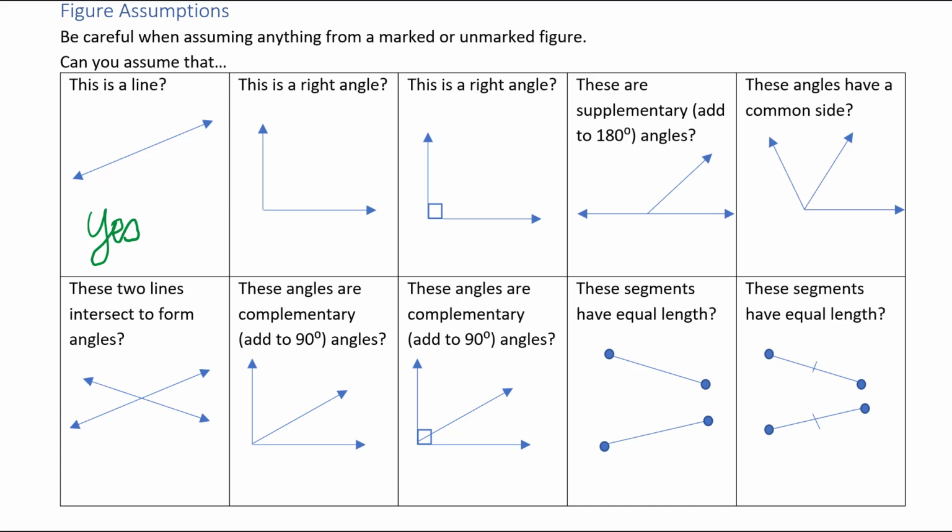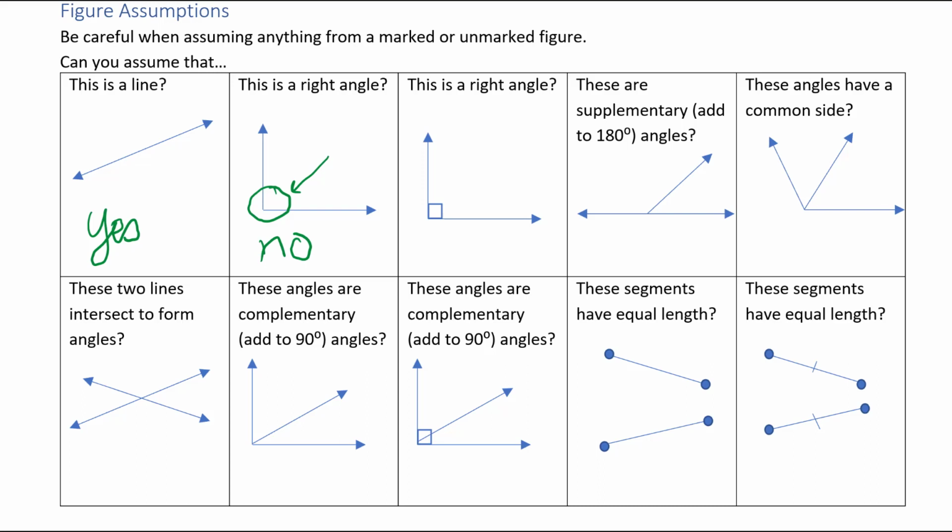The next one, can you assume that this is a right angle? Well, it looks like a right angle, and it's an angle, two rays with a common endpoint. But because it's not marked, it does not have a square in the corner, so it could be a right angle, it could be not, but you can't assume that.